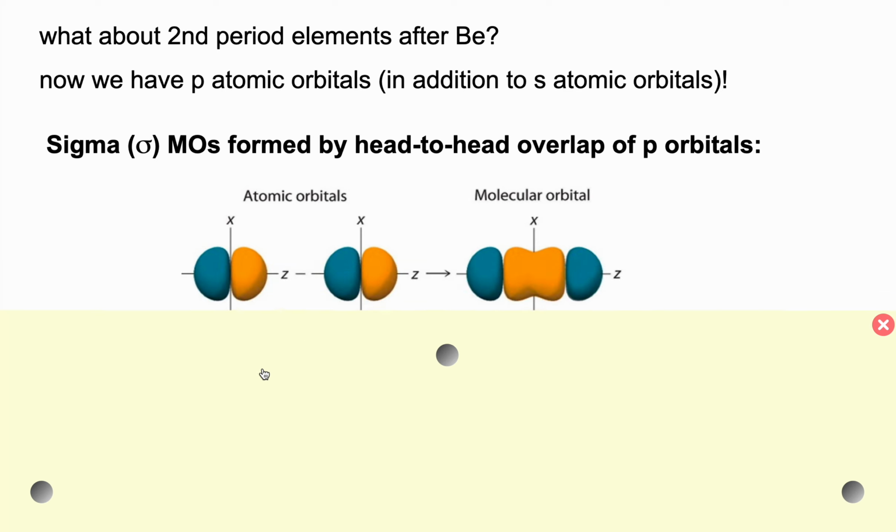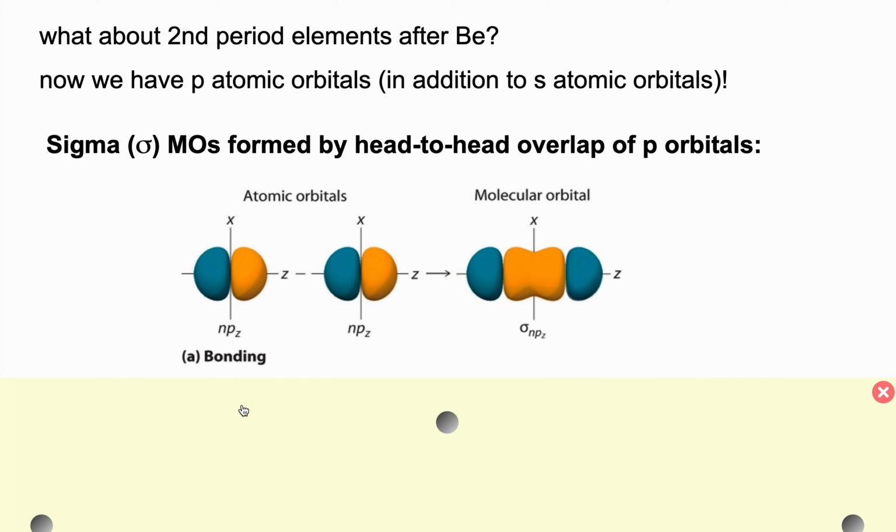So, this diagram shows 2 p orbitals on adjacent atoms, and we'll just arbitrarily define the axis that connects the 2 nuclei as the z-axis. So these would be the p sub z orbitals on the 2 bonded atoms. And in the way that's depicted here, the 2 p orbitals combine in a positive way.